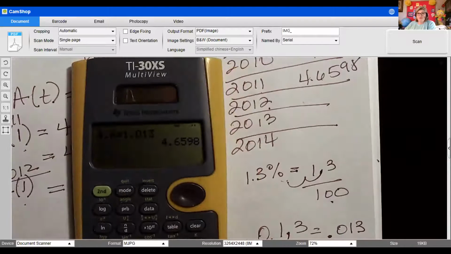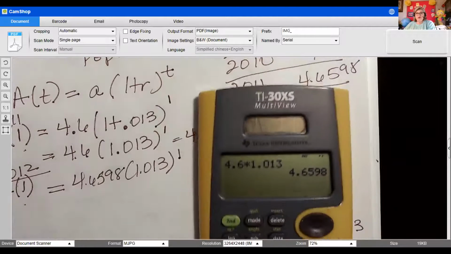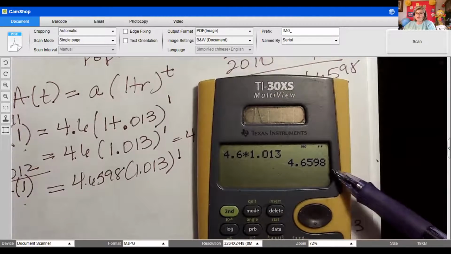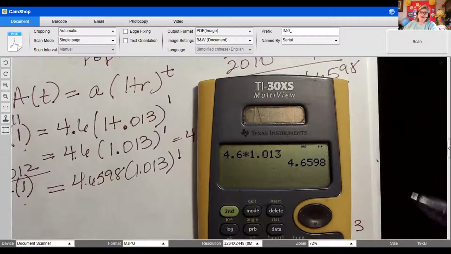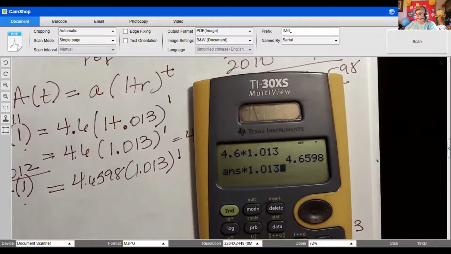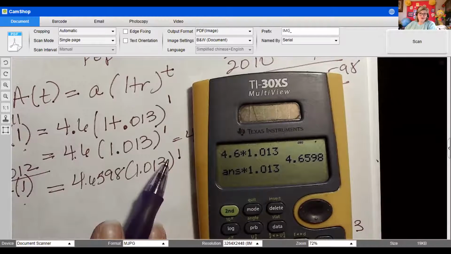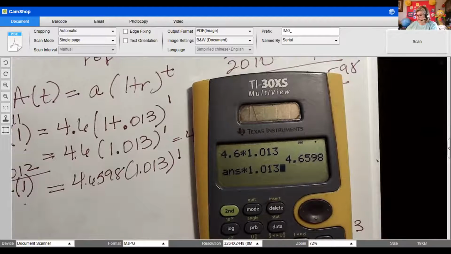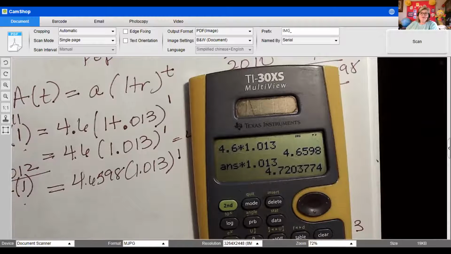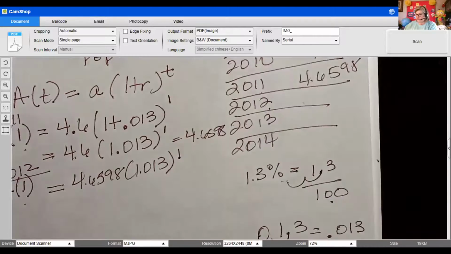So to keep from making any rounding errors, I'm just going to leave that number that we just calculated in the calculator. I'm simply going to say times, it brings my answer down, 1.013, and that's still raised to the 1, so I don't really need to put that. And that gives me 4.7204 if we want to round it.